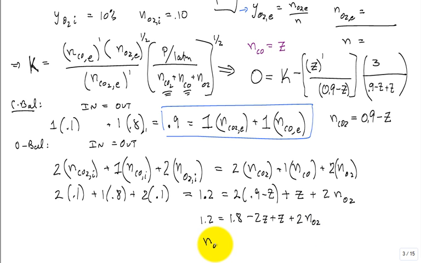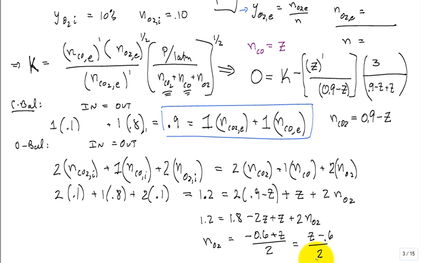So the number of moles of O2 exiting will be negative 0.6 plus Z divided by 2, or Z minus 0.6 divided by 2. Did that make sense? Did you follow that?